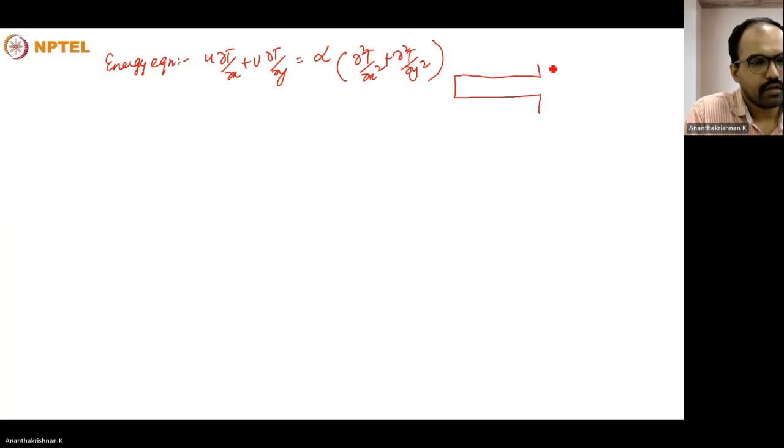This is vertical and the natural convection will occur only for a length Lx, and this portion will be stagnant and this height will be h. And this is the y direction, v velocity, and this is the x direction and u velocity. And this will be T cold, and this will be T plus delta T. Total length is L.